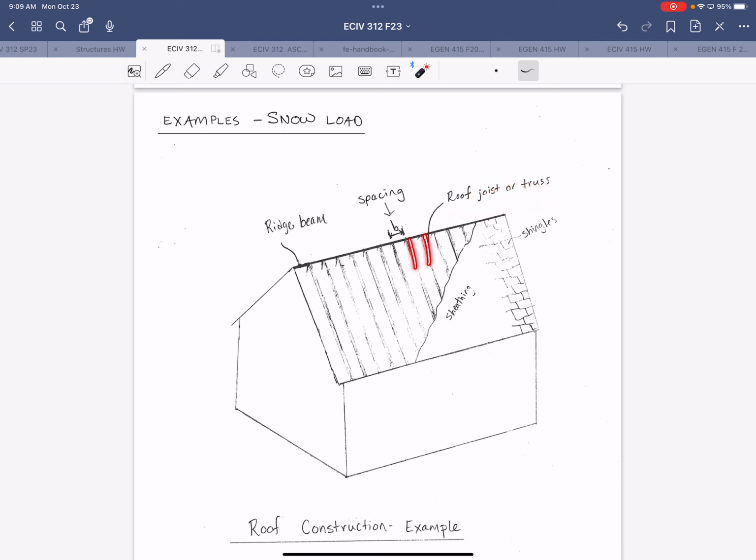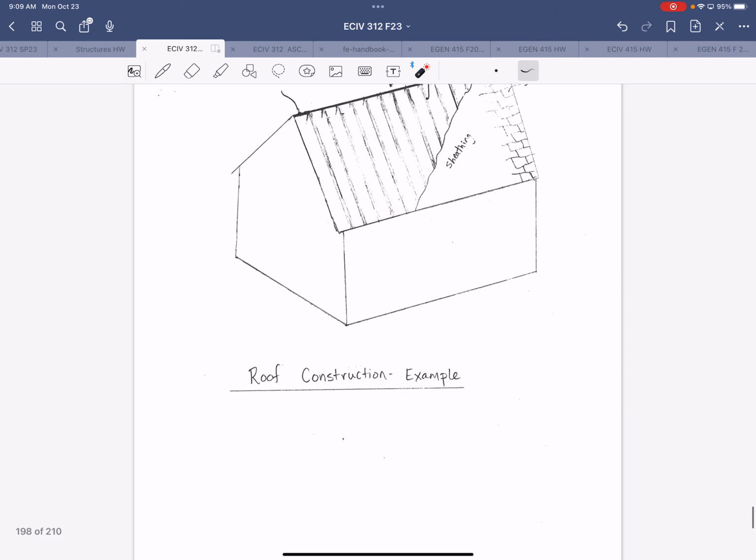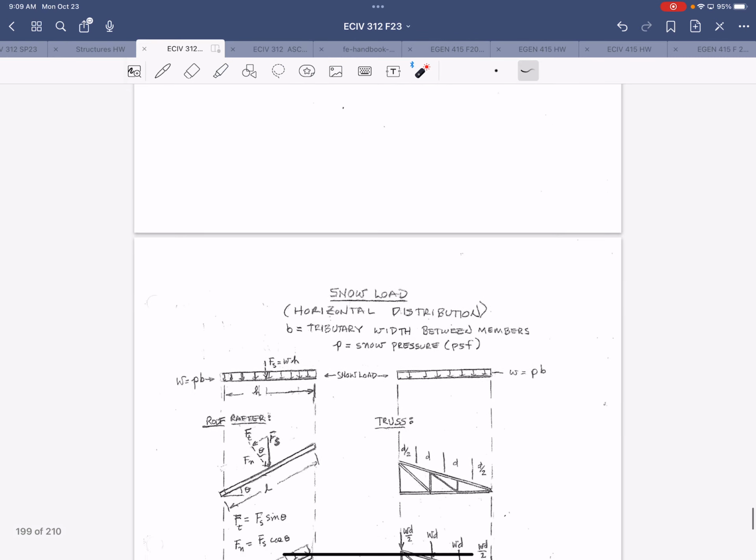Those are spaced at a constant distance of B. That B represents the spacing. Note that that will also be the tributary width for those joists or trusses. And then those joists are supported on one end by a ridge beam and on the other end by a wall. So that's just one example of a type of roof construction.